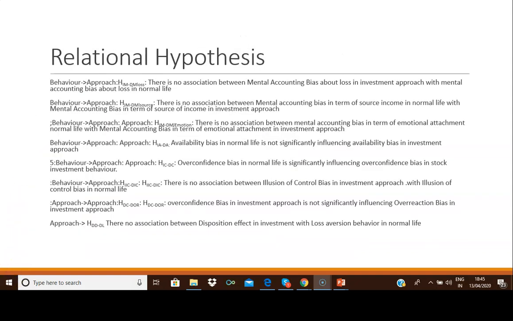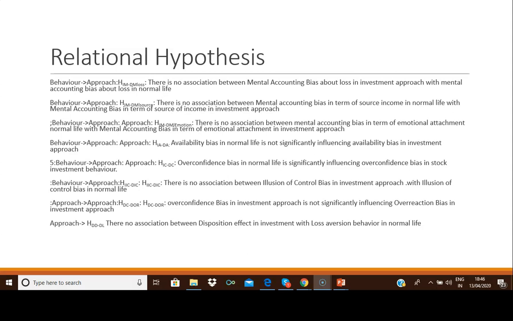So on the basis of the above research model, the researcher framed the various research hypotheses about the behavior and the approach in stock investment. So the first research hypothesis: there is no association between mental accounting bias about the loss in investment approach and the mental accounting bias about the loss in normal life.